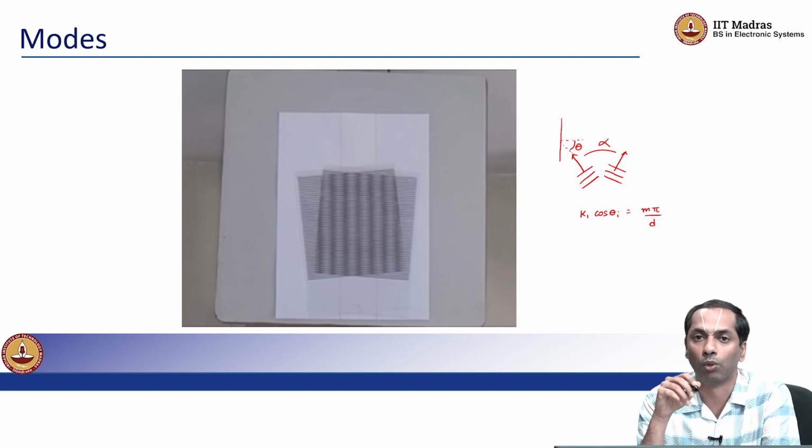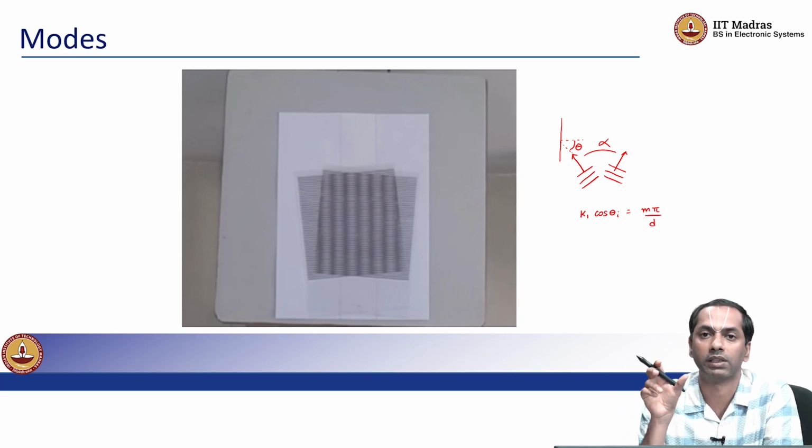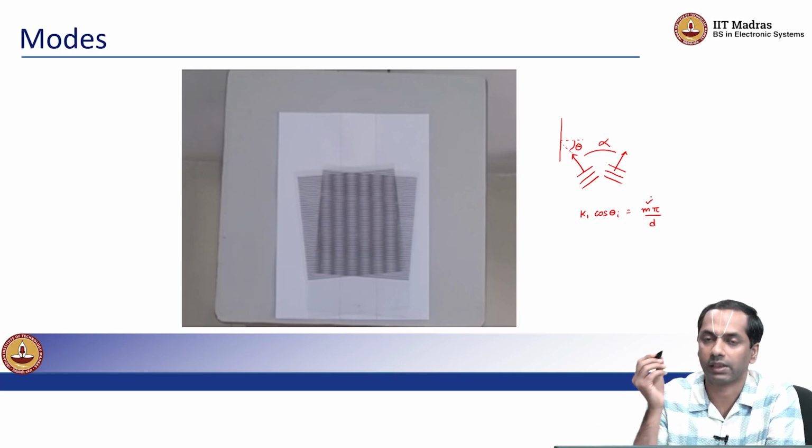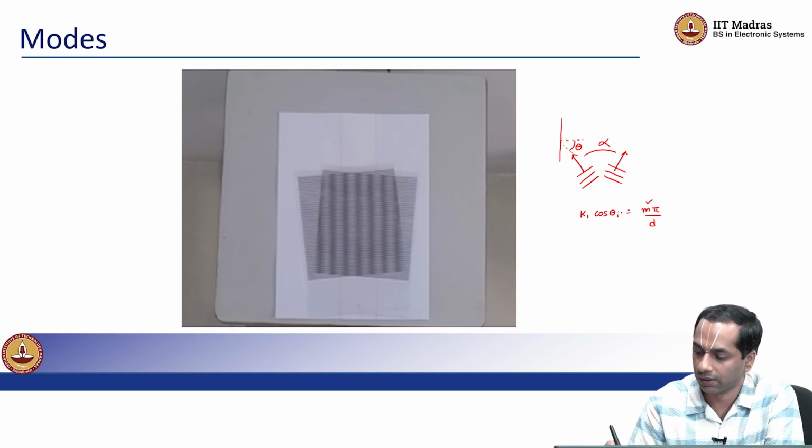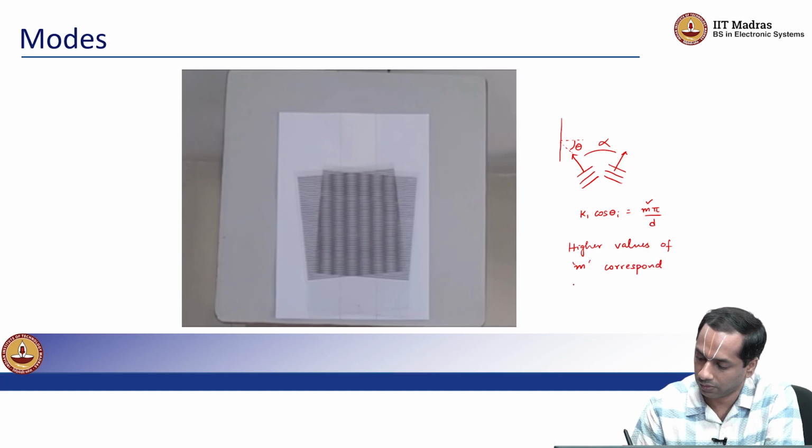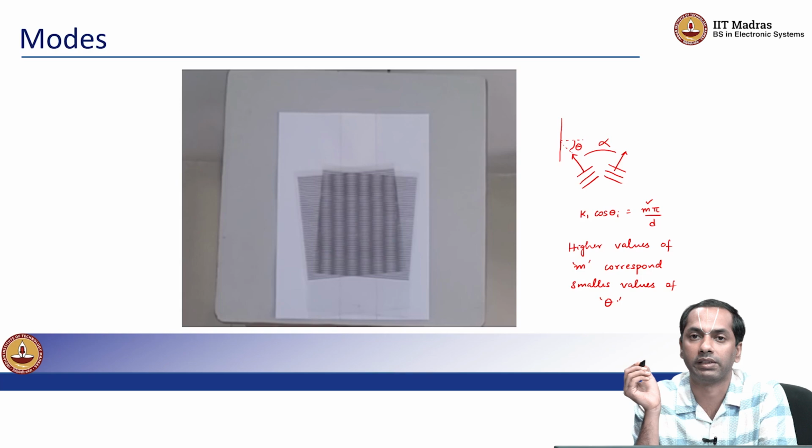So, remember that the more number of half cycles within the parallel plate waveguide corresponds to higher values of m, right, and higher values of m correspond to smaller values of theta, or the incidence angle, right.